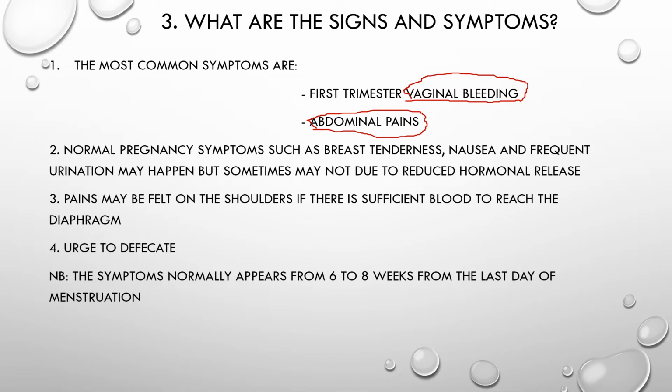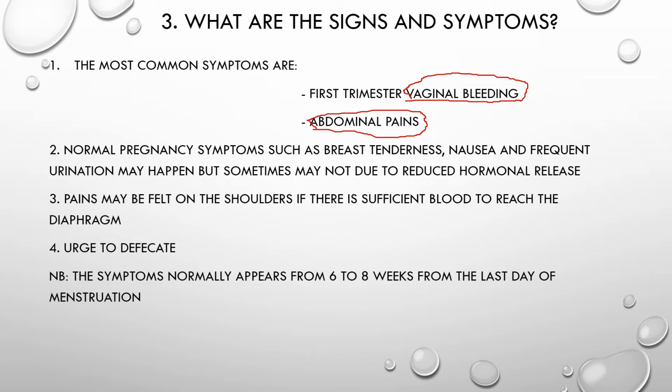They say that normal pregnancy symptoms such as breast tenderness, nausea, frequent urination, others call it morning sickness, you may feel them, but sometimes you may not feel them, because the reason you feel those morning sicknesses is because of the hormones that are increased.